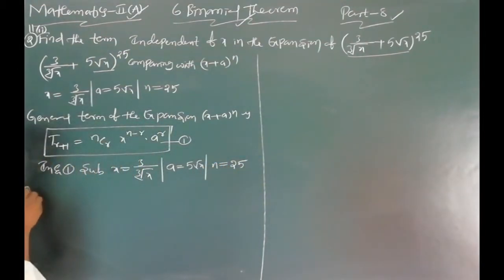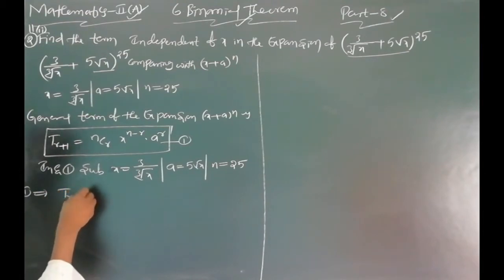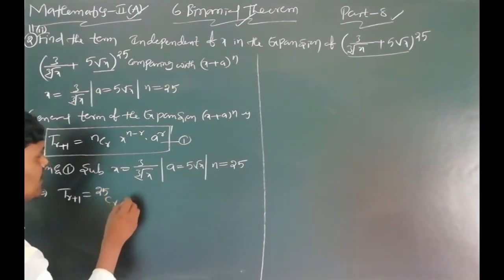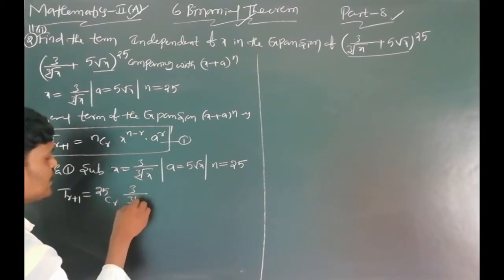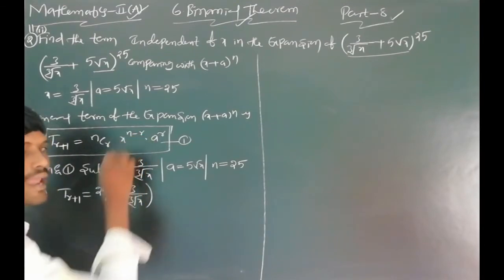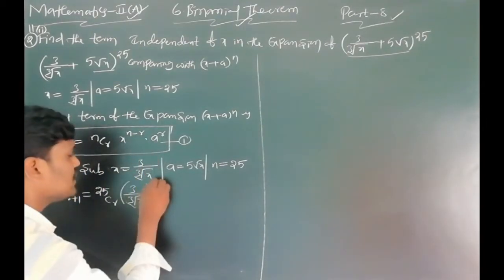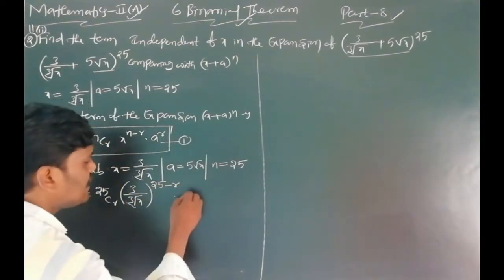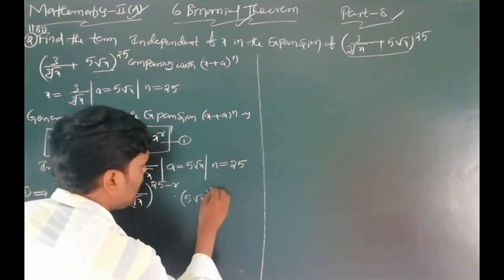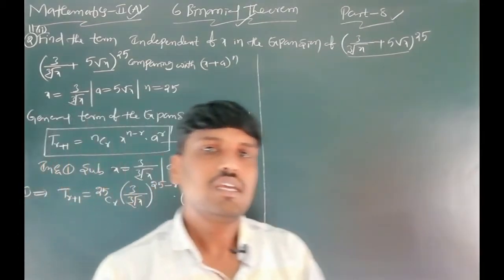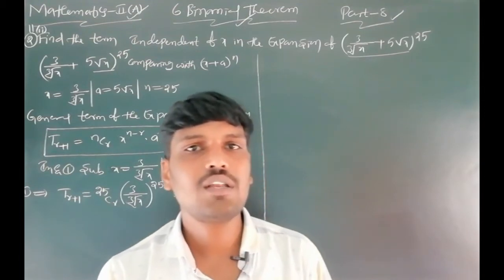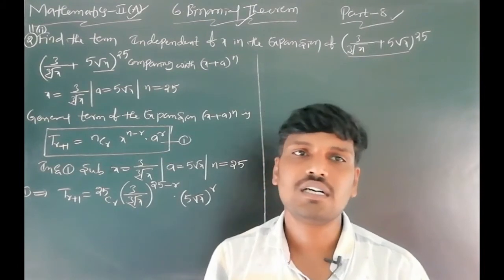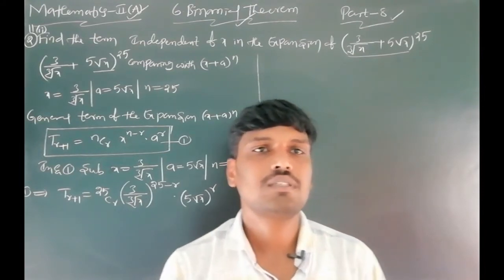After that, equation 1 implies T r plus 1 is equal to nCr, that is 25Cr, x power 3 by cube root of x all power n minus r. The n value is 25 minus r, into a power r. What is the value of a? The a value is 5 root x all power r. After that we separate the variable terms and constant terms.